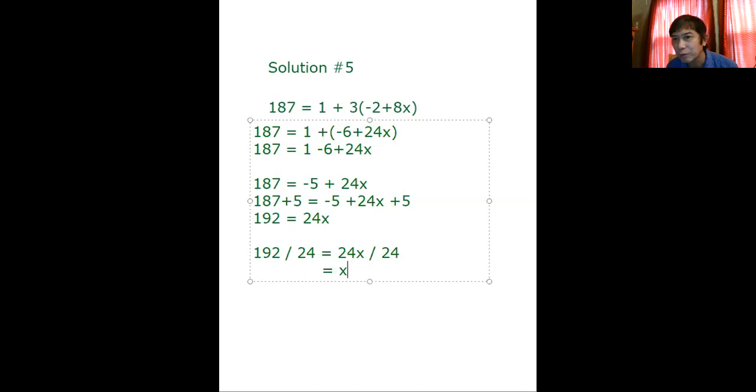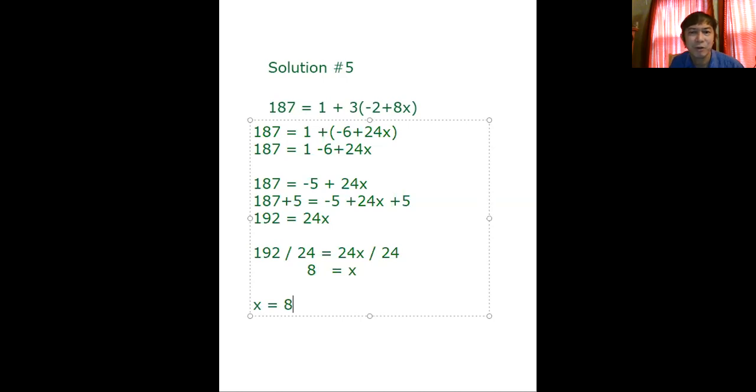If we multiply 24 by 8, that means 192 divided by 24 must be 8. So again, we have 8 equals x, and we don't write it this way. We have to write x, the letter, equal to the number, the answer. So you see, this is just another way of doing number 5. So that's it for number 5.